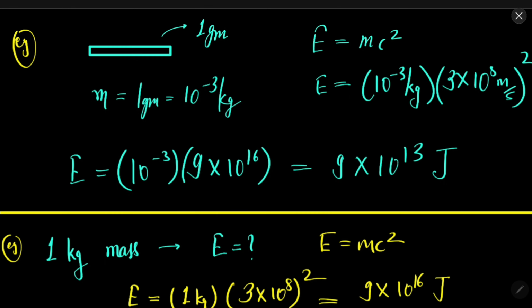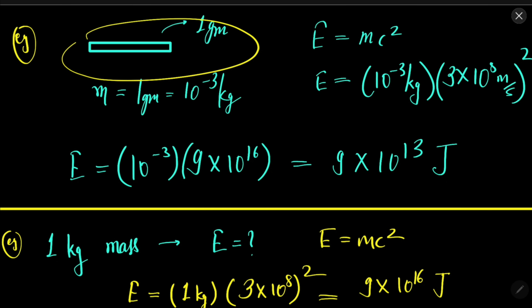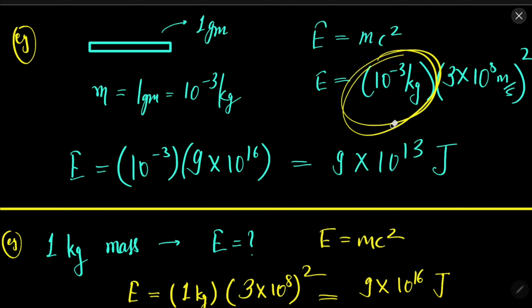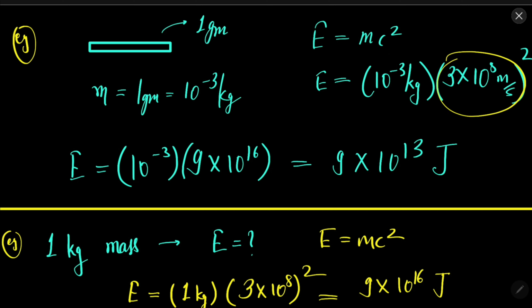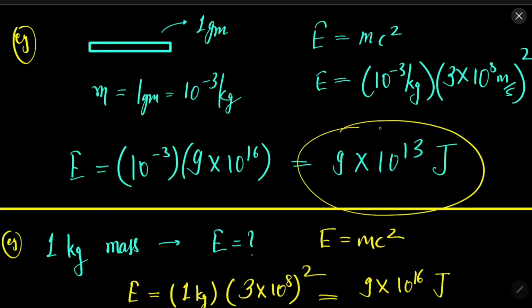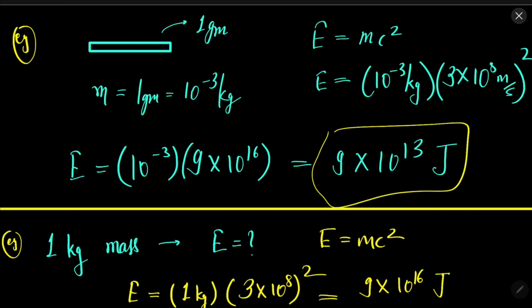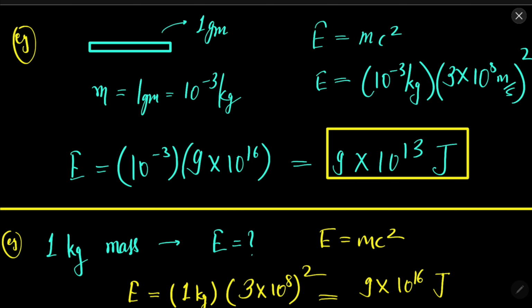For example, let's say we have a 1 gram object. How much energy will this 1 gram object have? 1 gram means 10 to the power minus 3 kg. So E equals mc square. Mass is 10 to the power minus 3 kg, and the speed of light is 3 into 10 to the power 8, squared. So we will get 9 into 10 to the power 13 joule. This is a huge amount of energy in only 1 gram of object.